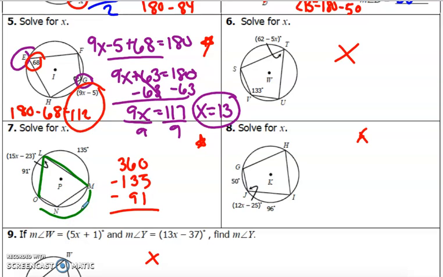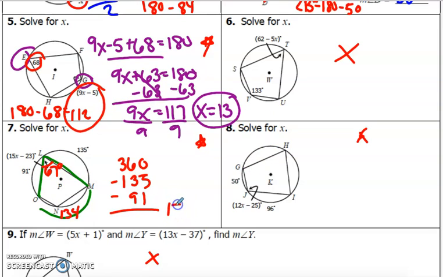If I do that, 360 take away 135 take away 91, I get 134. So I could go back to my inscribed angle knowledge and half this 134 to get 67 degrees. So I know this angle L has to equal 67 degrees.